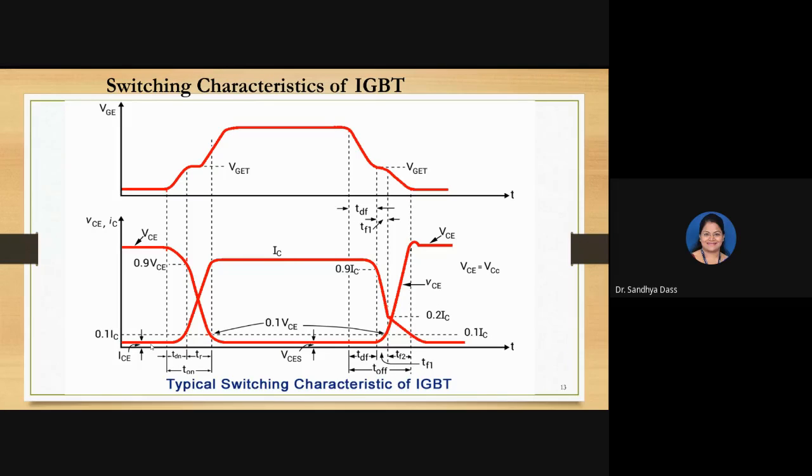And ideally when the device is turned on, the current flowing through it will be maximum and voltage across it will be zero or minimum. Based on that, you should be able to interpret the switching characteristics. I hope it is clear. If you have doubts, please get back to me.